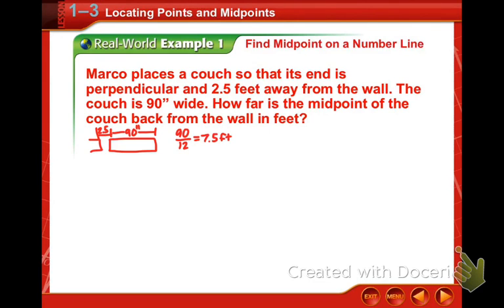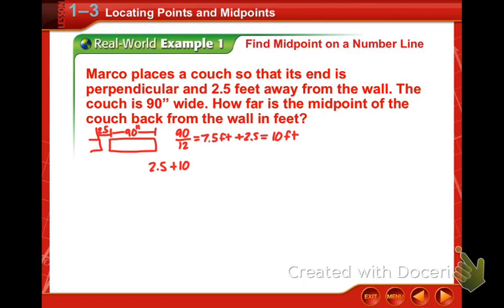So what we're going to do is take our endpoints. We know one endpoint of the couch is 2.5 feet away from the wall. We know the other endpoint is 2.5 feet plus the 7.5. So we add 2.5 feet to this. We get 10 feet from the wall for our other endpoint.